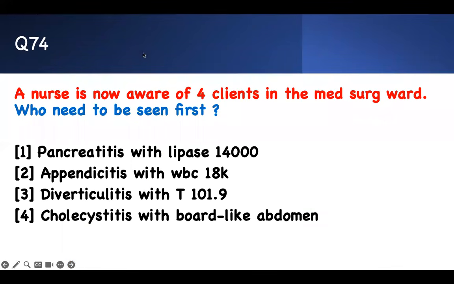Number 74. Who needs to be seen first? Prioritization. Must be sharp. A nurse is now aware of 4 clients in the med-surg unit. Would you want to see an itis from the pancreas? Pancreatitis with a lipase of 14,000. Don't see them. An itis from the appendix with a white count of 18,000.